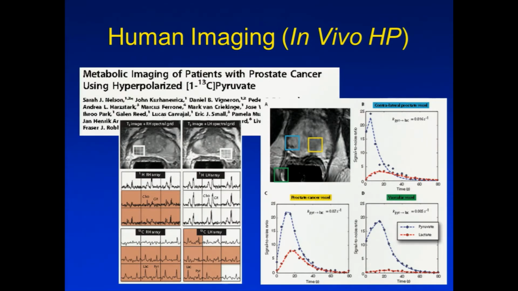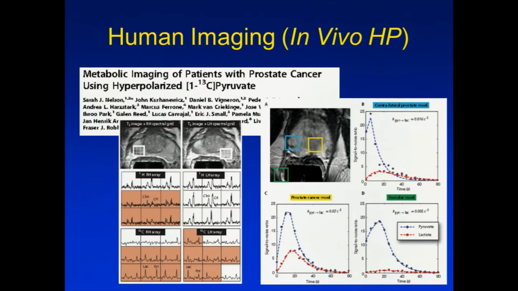You can see that the signal to noise is really pretty close between these two imaging modalities. They can track the lactate exchange with the pyruvate and get a forward flux and rate constant out of that.